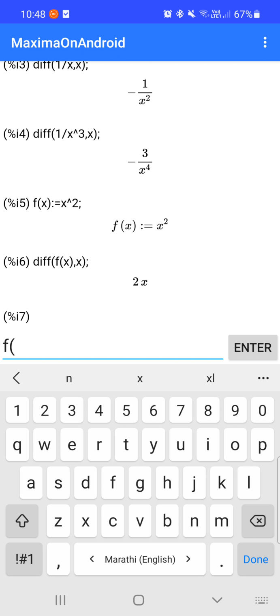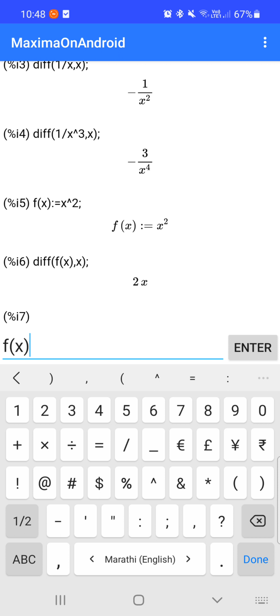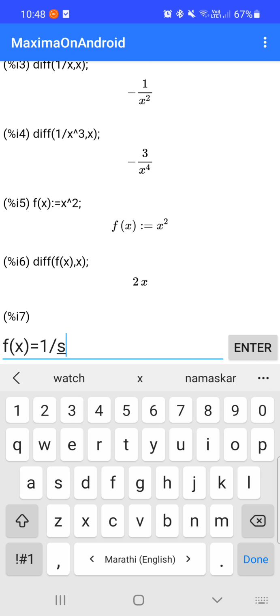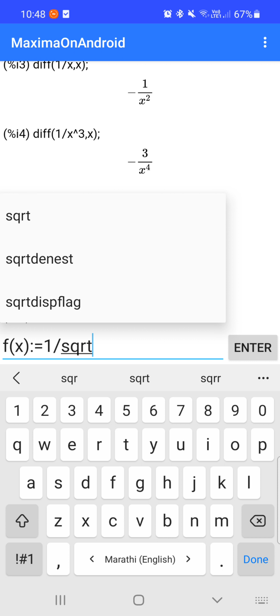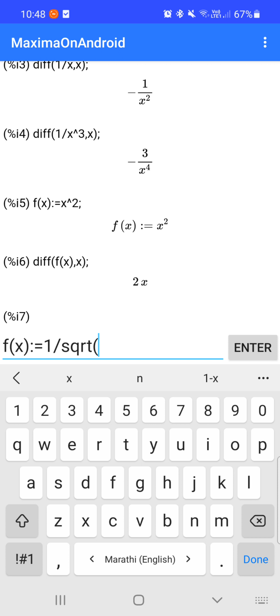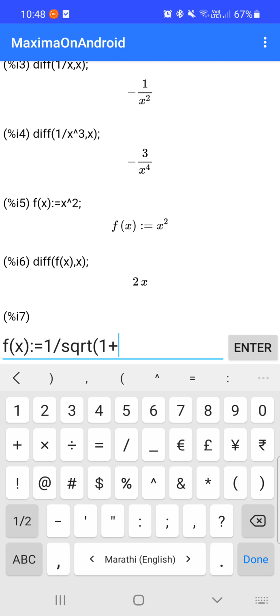For example, if we write here f of x is equal to 1 divided by square root of 1 plus x. Okay, so to assign a function, at f of x double colon equal to sqrt of 1 plus x.